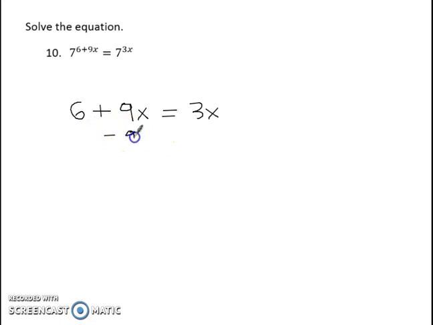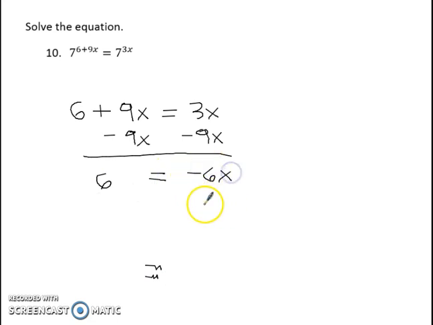I'm going to subtract 9x from both sides to isolate the x term on one side and the constant on the other. And that gives me 6 equals negative 6x. And then we divide by negative 6 on both sides, giving us x equals negative 1.